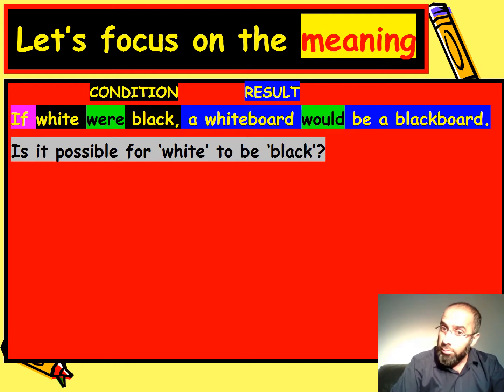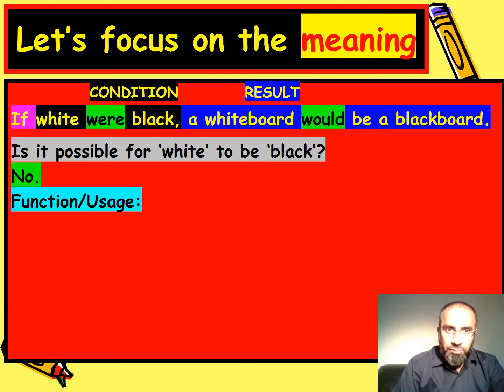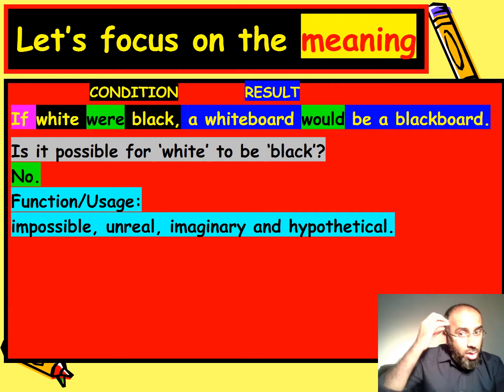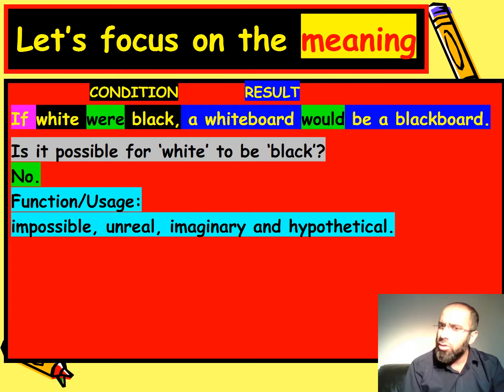Is it possible? No, it's not possible. Good, very good answer. So we use second conditional for something impossible or unreal or imaginary, and hypothetical, something which is not true. Hypothetical, something imaginary.